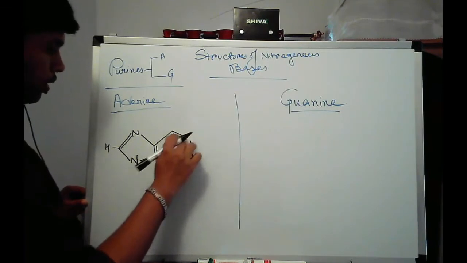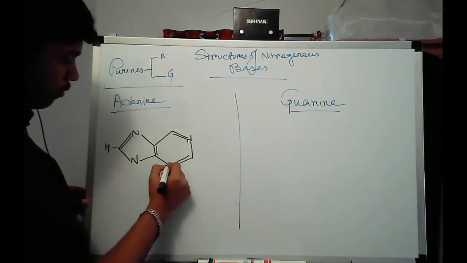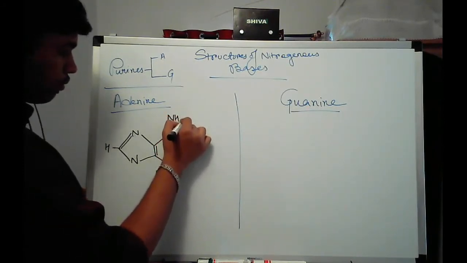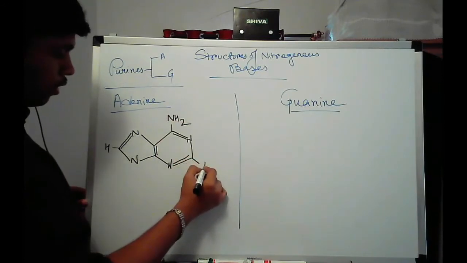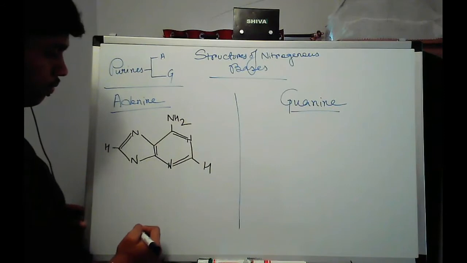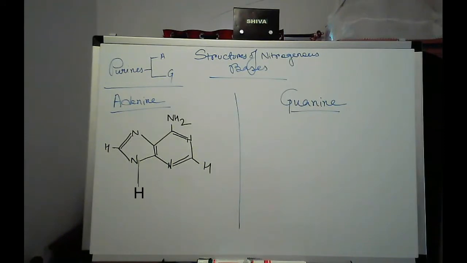Erasing parts of the benzene ring. These two parts is where we insert nitrogen. NH2 over here, NH over here. And it's done. This is what adenine is.